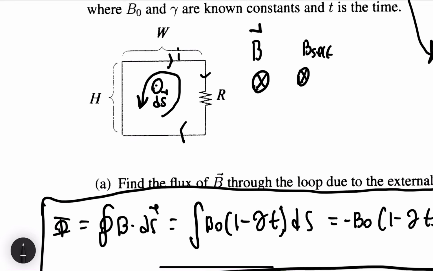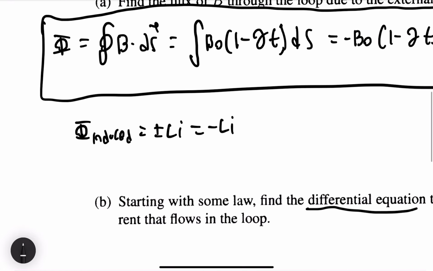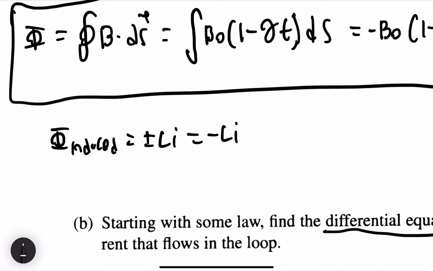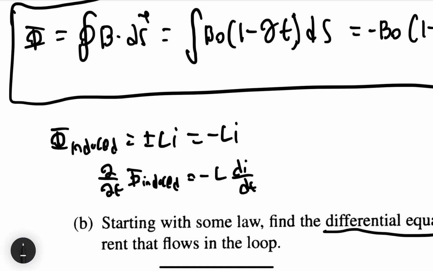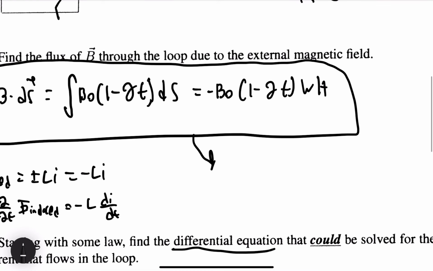They're going in opposite directions, so the dot product is going to be negative. So it's going to be negative Li. And then the partial of this flux induced will be negative L di dt, same as the other problem. And then we should also find the partial of this flux.